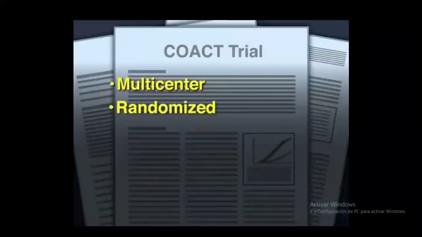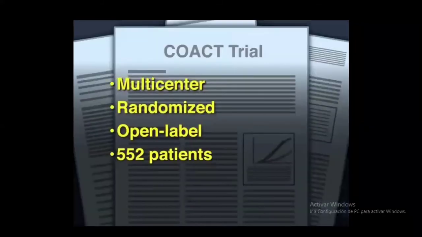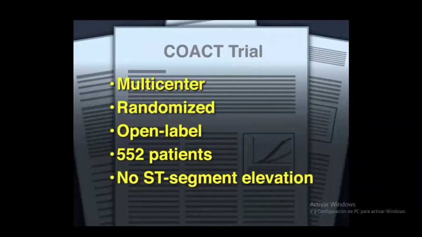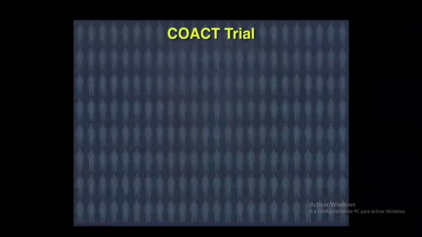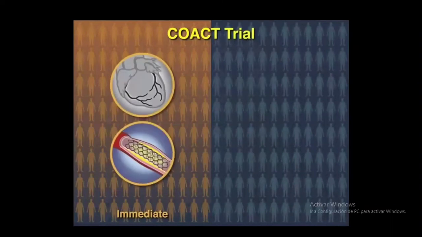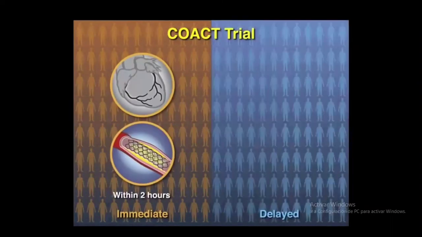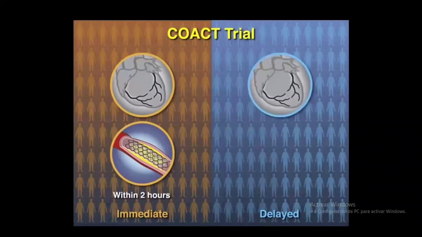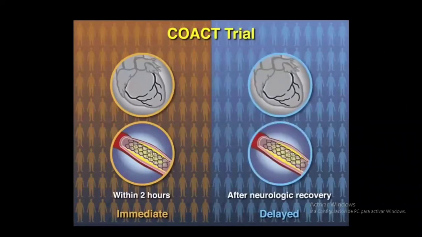In this multi-center randomized open-label trial, 552 patients who were successfully resuscitated from out-of-hospital cardiac arrest and who did not have ST segment elevation on ECG were randomized to an immediate invasive strategy with angiography and revascularization, if appropriate, performed within 2 hours, or to a delayed invasive strategy with angiography and revascularization, if appropriate, performed after neurologic recovery. 14 patients were excluded after refusing retrospective informed consent.